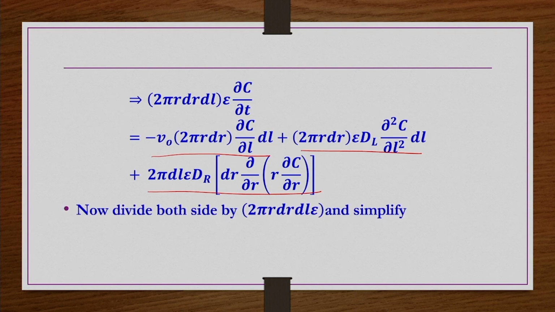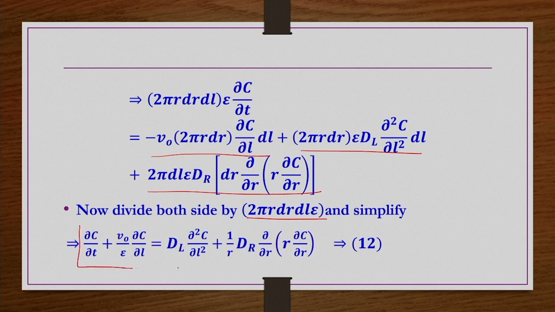So, now this entire equation you divide by 2 pi r dr dl epsilon, then you get simply ∂C/∂t plus V0 by epsilon ∂C/∂L is equal to D_L ∂²C/∂L² plus 1 by r D_r ∂/∂r (∂C/∂r). This is what you get, and this equation is nothing but the change in concentration of reference material in a packed bed because of the dispersion.